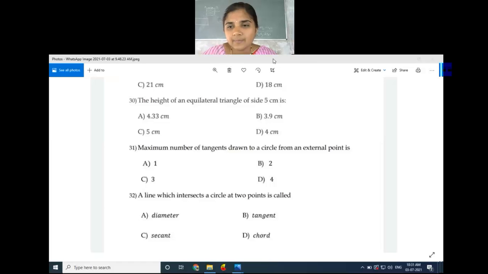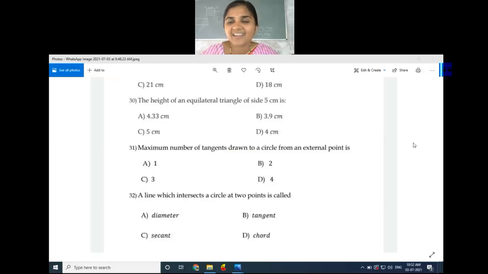Yes, Mataji. You draw the median, no? Median which divides the base into two equal parts. So then you applied Pythagoras theorem, right? Yes, Mataji. In Pythagoras theorem, you got the answer 4.33. Right? Okay, thank you, Shantika.